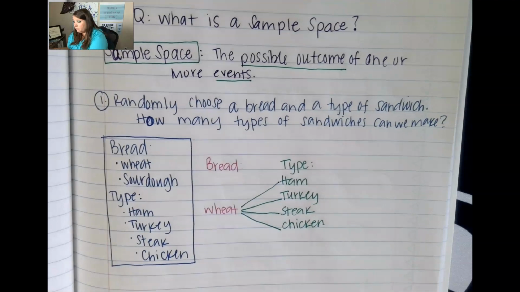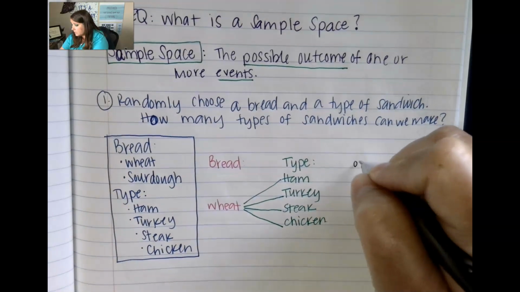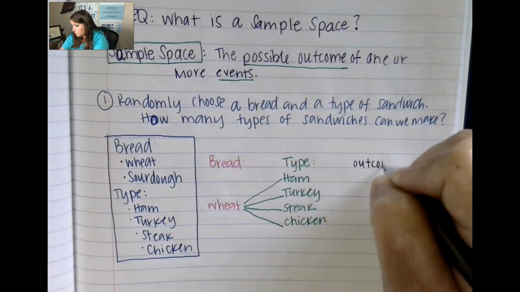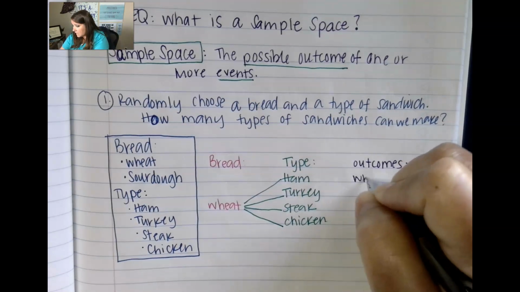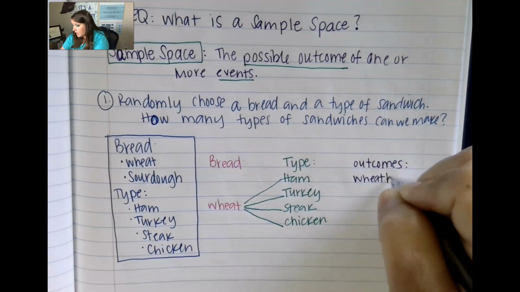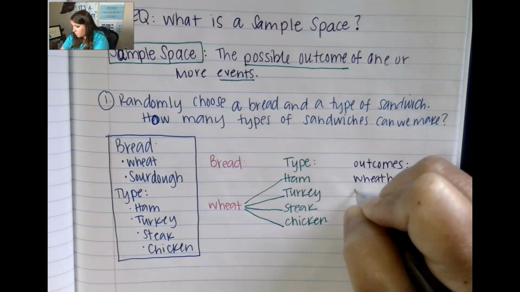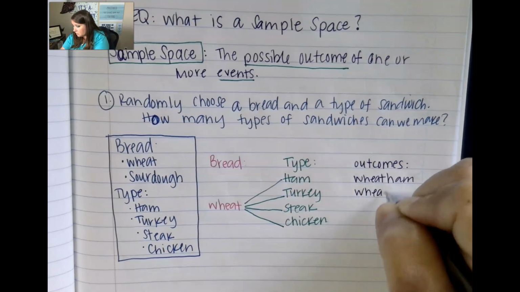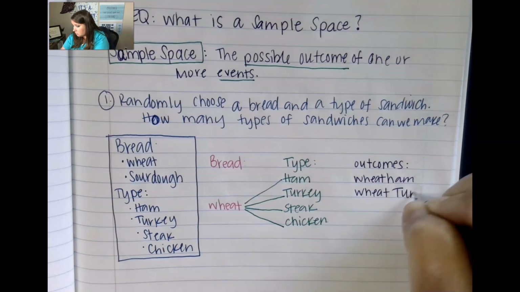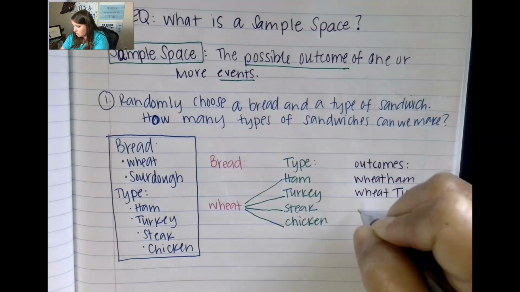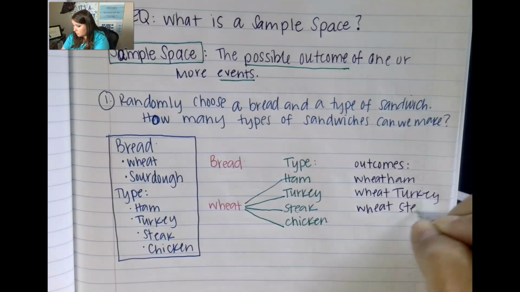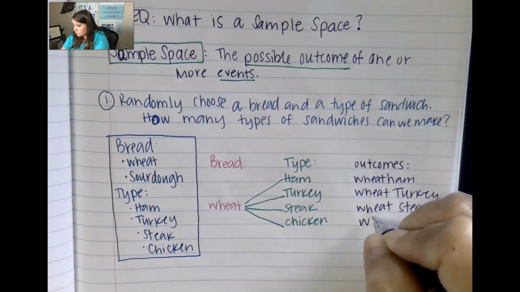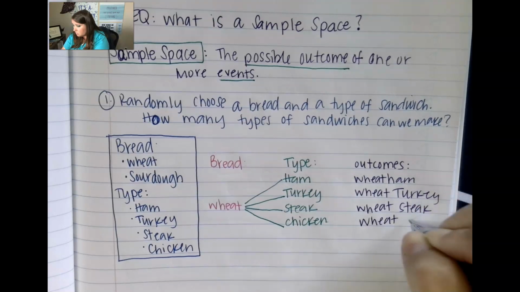The outcomes for the sandwiches are wheat ham, wheat turkey, wheat steak, and wheat chicken.